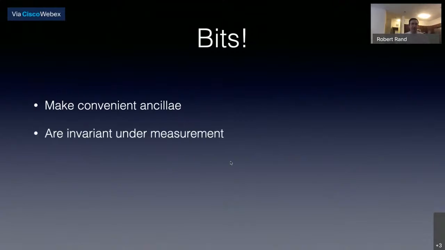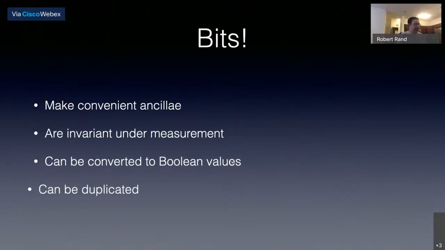They're invariant under measurement, which is a nice property to have if you're thinking about your program. They can be converted to Boolean values, which is really important for a program that exchanges quantum and classical control. And they can be duplicated. And while duplicability is not present in a lot of quantum computing, it is actually something that's really useful.